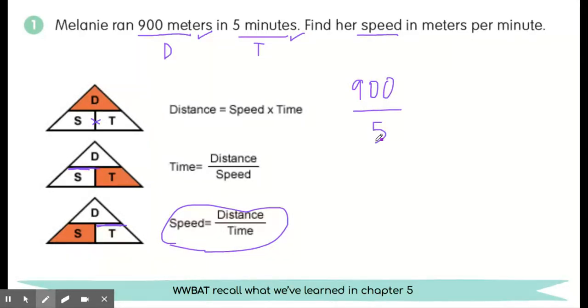So I'm going to get my calculator. Divide 900 by 5. That gives me 180. And because the question already told us the unit for this speed will be meters per minute.